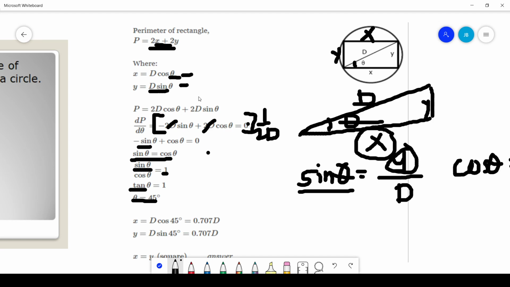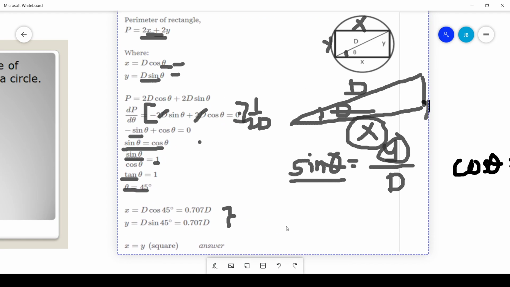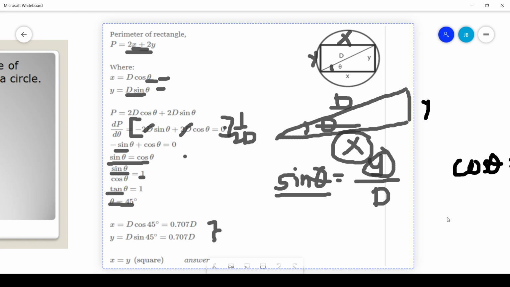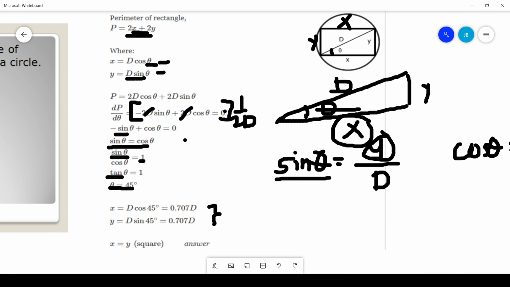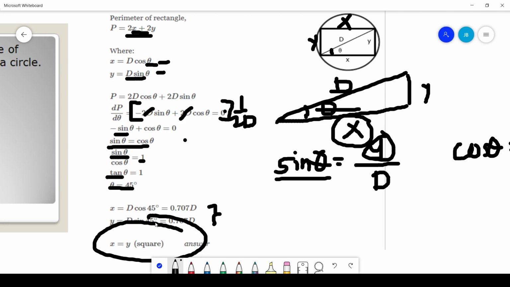If you use a calculator, guys, you will get 0.707D for X, and Y is also 0.707D. Notice that both of them are equal, which means X is equal to Y. So the shape we are looking for is just a square. Okay, so that's the answer.